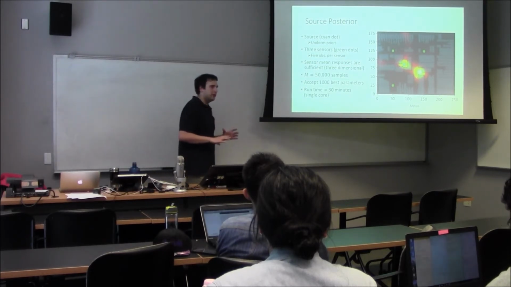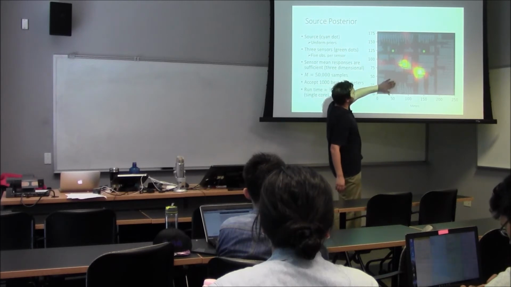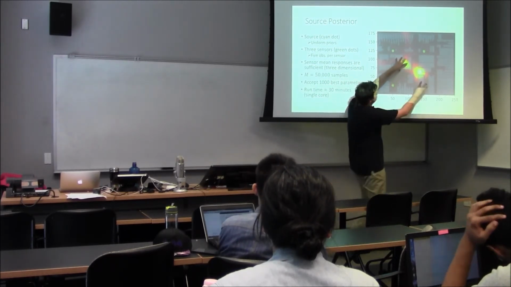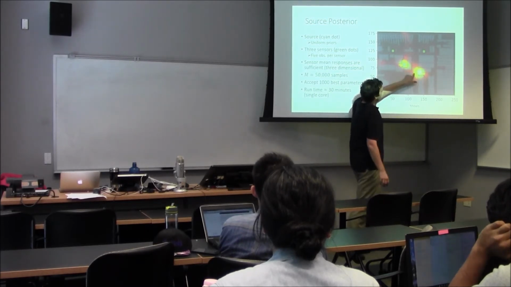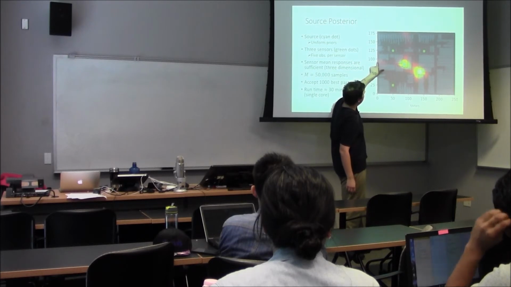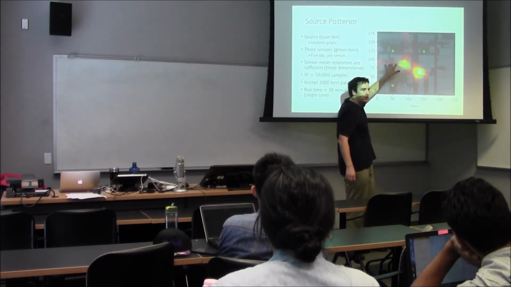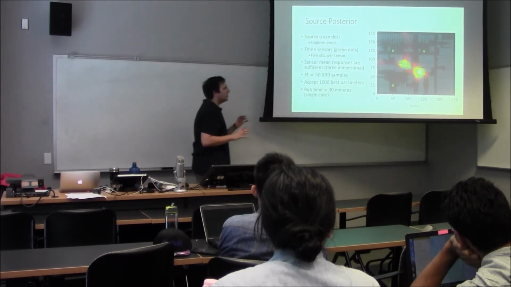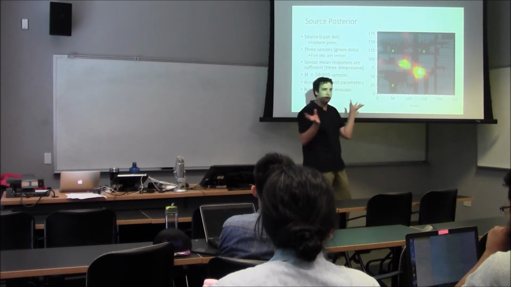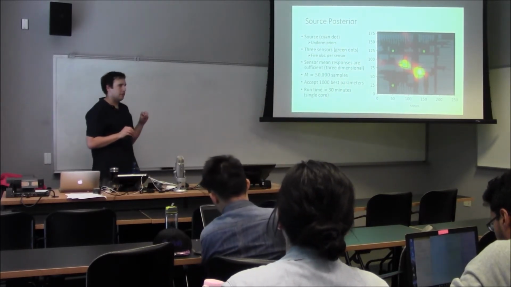I'm not including anything about the source intensity, but based on what we've seen from these 3 locations, we have 2 modes, one right here around the actual true source, and then a little bit of fuzzy haze out here. So while these are all locations where it's plausible that the source could be, there are 2 main peaks.